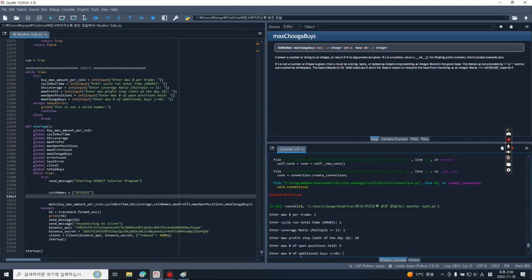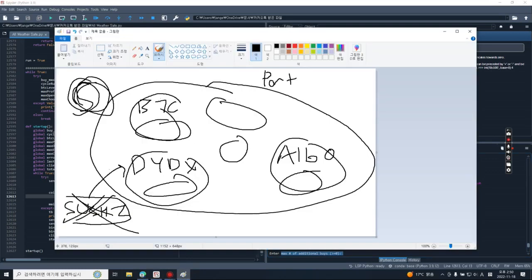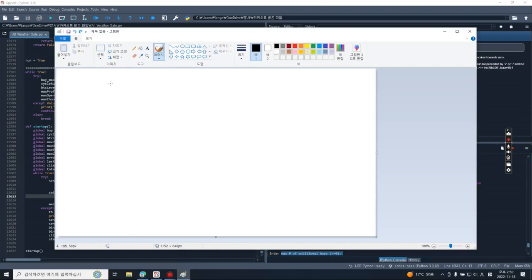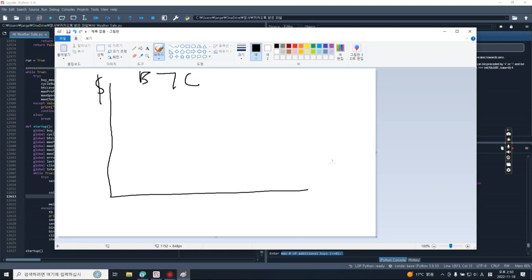Okay. This is the last input, max number of additional buys. This one is a little bit more complicated, but stick with me here. Say that I'm buying Bitcoin. I'm looking at Bitcoin. This is the price, and this is the time. Let's just say Bitcoin is worth $10.